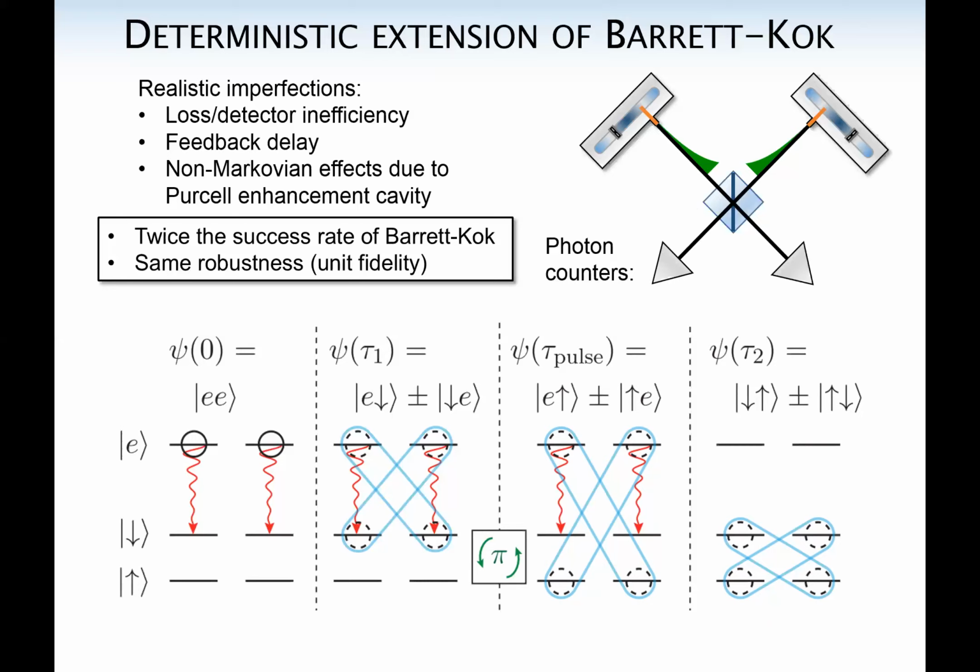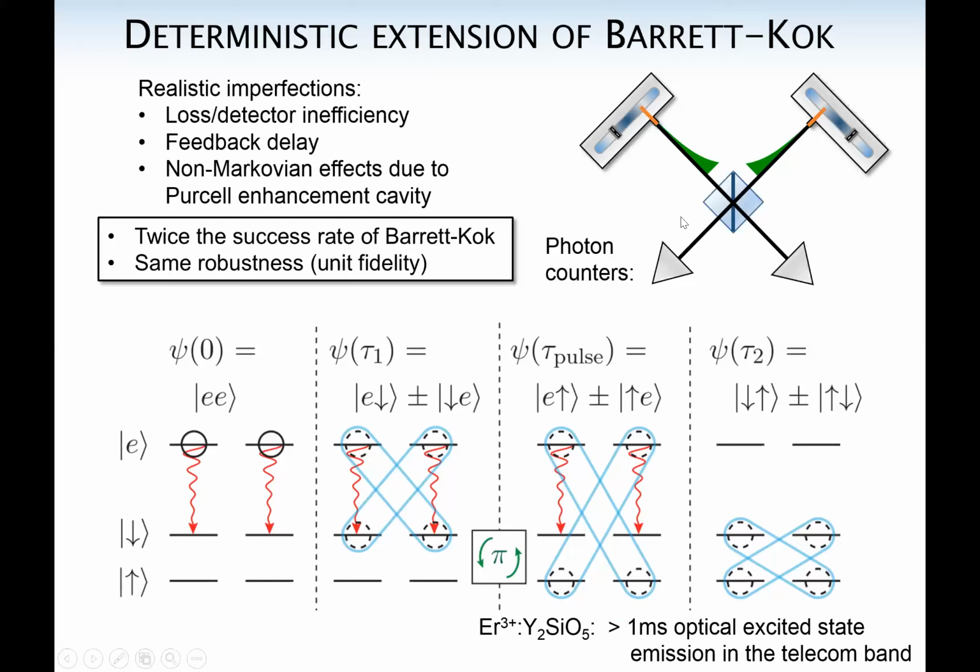So it decreases the success rate without decreasing the entanglement fidelity. And finally, it's robust to non-Markovian effects that you would get from putting these atoms in Purcell-enhancing cavities, which is a common thing you have to do for these kinds of experiments. So we've taken Barrett-Kok, we've added feedback, and we've doubled the success rate with the same robustness.